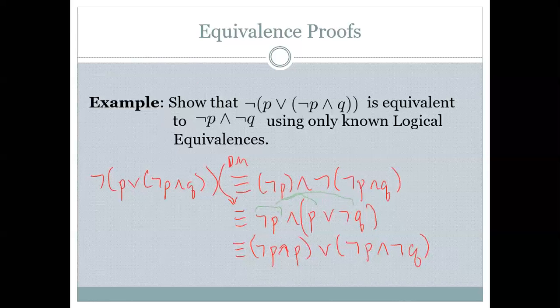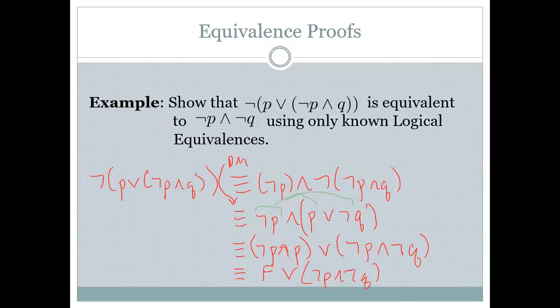Ah, oh, and then what? Well, you can do it, but it's always what? That's a contradiction. Yes. So this thing right here, not P and P, is always false. So I have false or not P and not Q. But if you have false or something, then the thing that determines the truth value is the other thing.